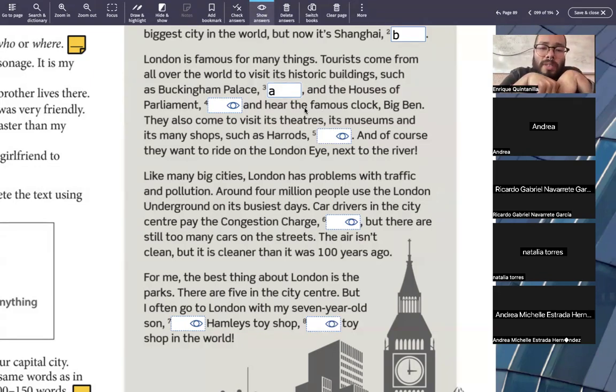pero bueno, ya ahorita she died, where the king lives, no? Because Queen Elizabeth II died. Who is the king? What's the name of the king? Rey Carlos. In English, please. Carlos is Mexican. We don't have any Carlos here. King Charlie.